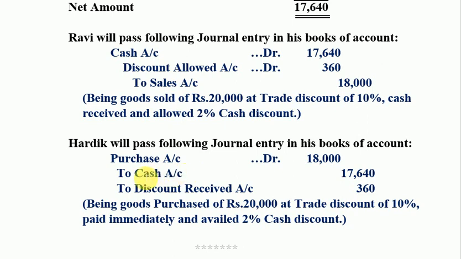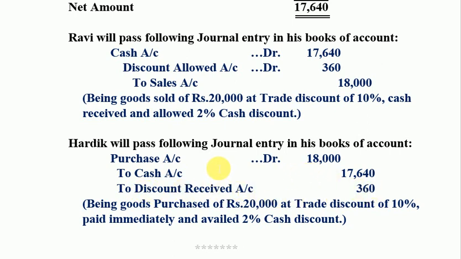That's why he is getting a discount of 2%. So that is a discount received. Got it? So he is going to pay 17,640, and on account of prompt payment he is getting a discount of 360.